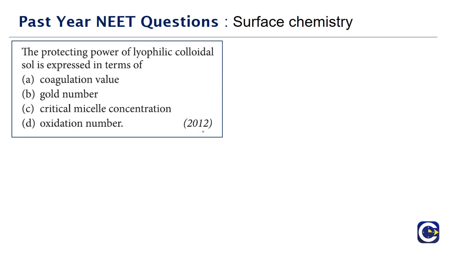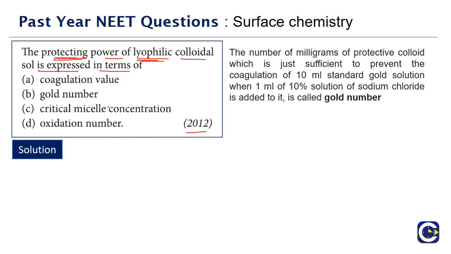Next we look at a question that has come in the year 2012. The protective power of lyophilic colloidal sol is expressed in terms of. So when we add a lyophilic colloid to a lyophobic colloid, the lyophilic colloid can stabilize the lyophobic colloid, and the protective power of the lyophilic colloid is expressed in terms of gold number.